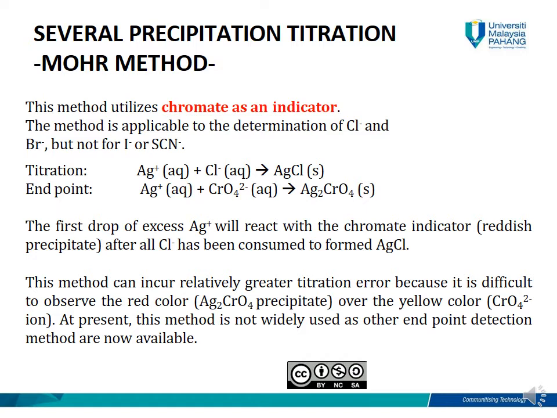You can also see the yellow color of chromate ions, so the color change is not very clear. We can determine the formation of the reddish precipitate, and then we stop and take note of the volume of the titrant.